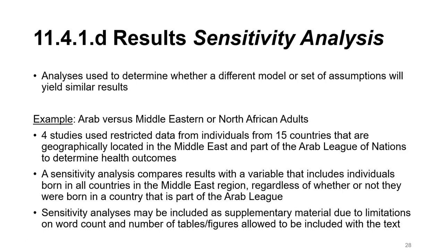So what I could do is take my original results, and I'm planning on doing this for a study currently in the process, conducting a sensitivity analysis to show that we don't actually need the restricted data, that the public use data is still representative of the restricted data. The results are similar between the two. And so typically when you do a sensitivity analysis, you will include that in supplementary material.